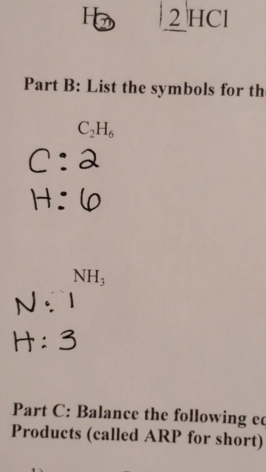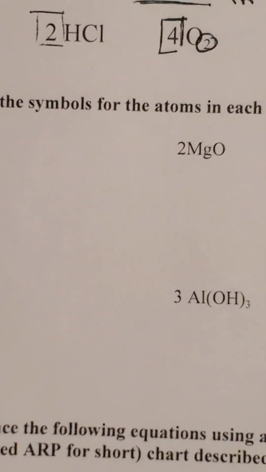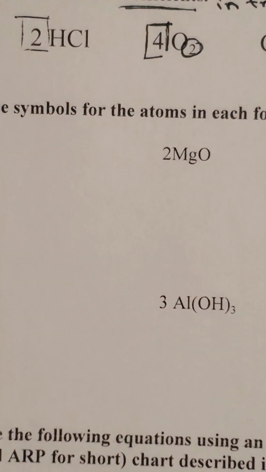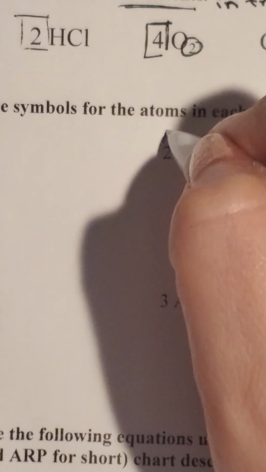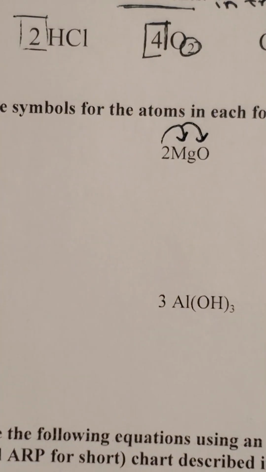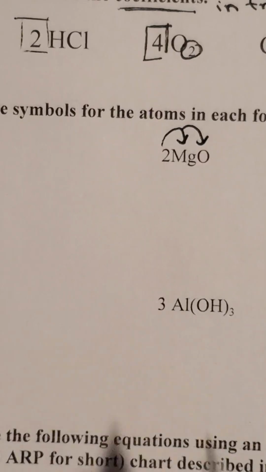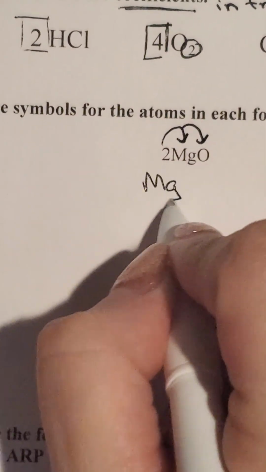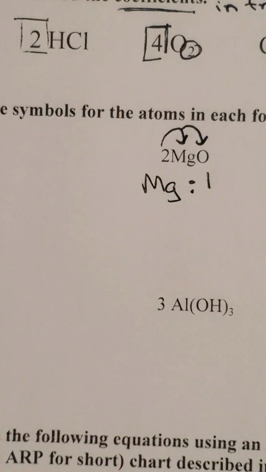Okay. If we go up to 2 MgO, so coefficient, like in math, gets distributed through the entire chemical. So Mg originally had 1 atom.